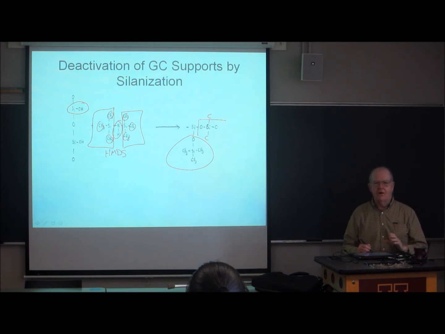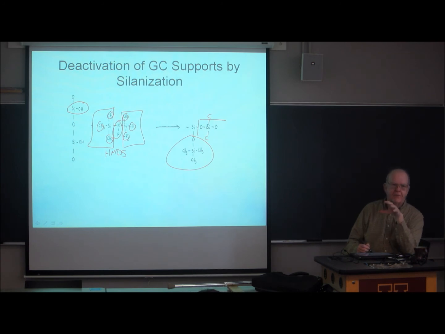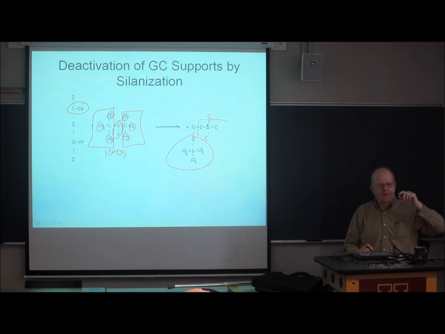The last thing you want is a non-uniform film, because that means that some regions of the film are thicker than other regions of the film, and mass transfer in the thick regions goes with the square of the distance, and so if you have some place that's double the thickness of the average, mass transfer in there is 4 times slower.